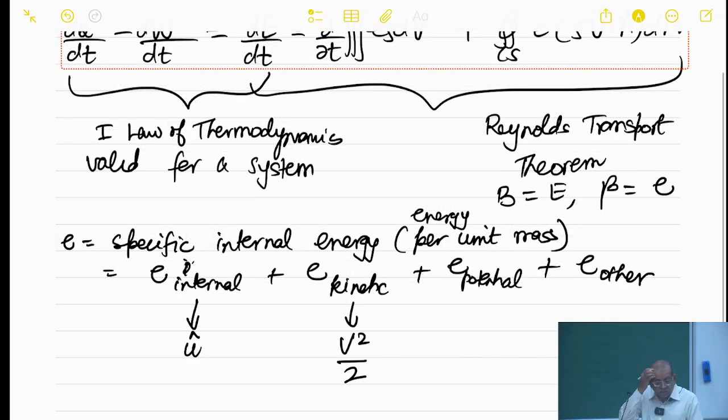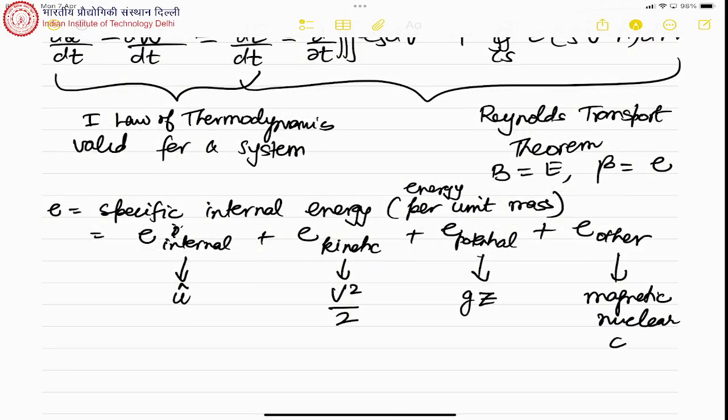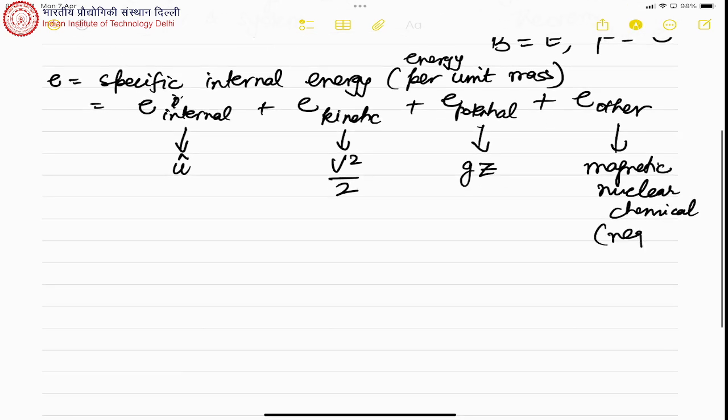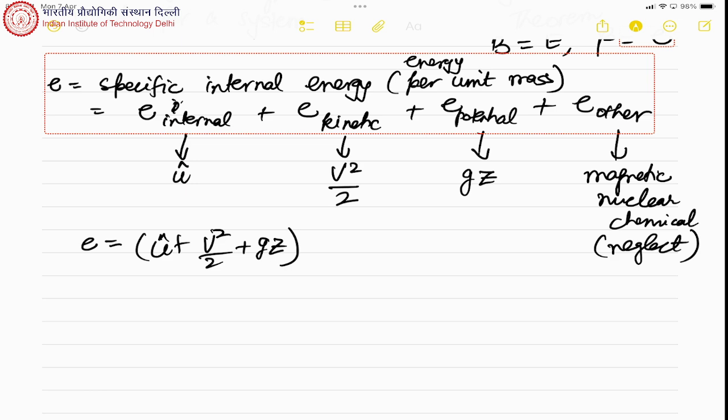Specific kinetic energy will be speed square by 2. Potential energy due to gravity, again specific, will be gz. E others will be if there is any other form, magnetic, nuclear, chemical, anything else, and at least for our part we will neglect it. So, specific energy will be u plus V square by 2 plus gz.